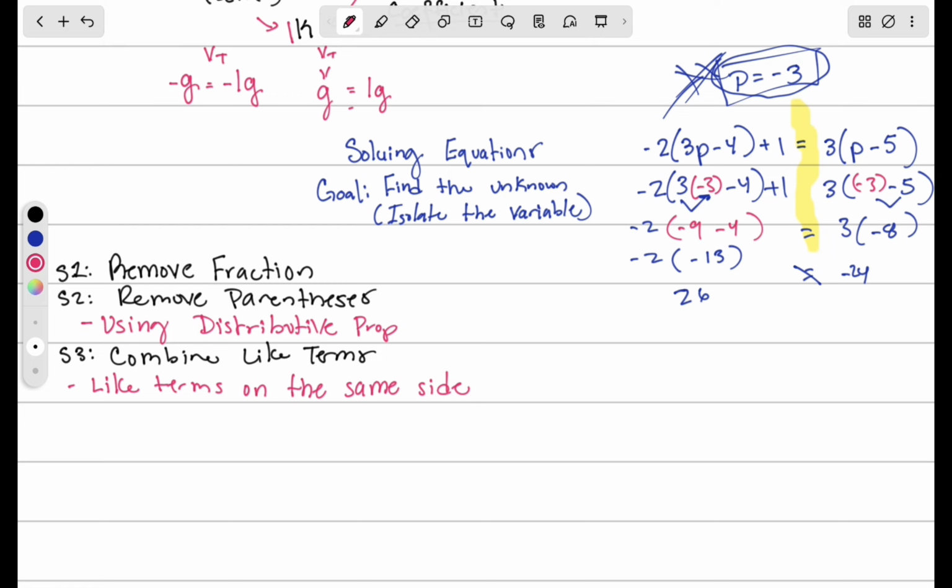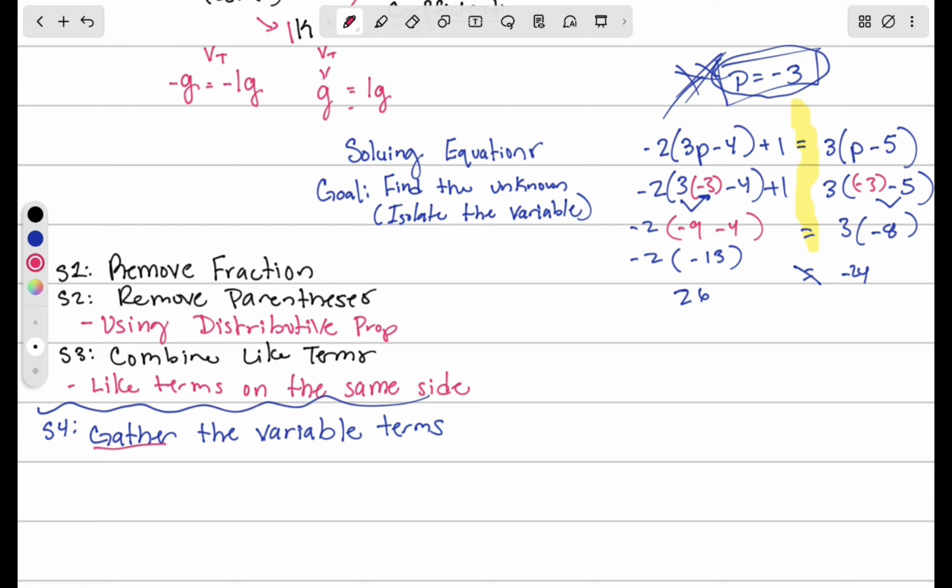Now, step 4 is where your test will start. Step 4 says to gather the variable terms. Let's talk about the word gather.